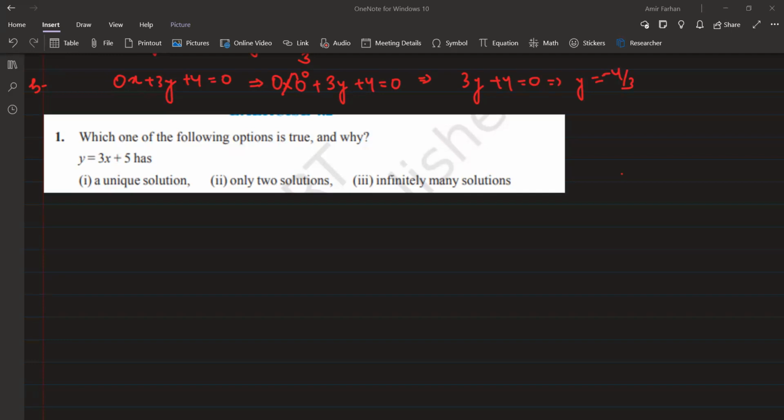Because, yes, Simran, if you put any number in y, x will still have the same solution.